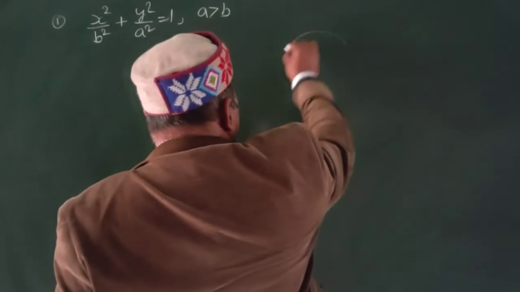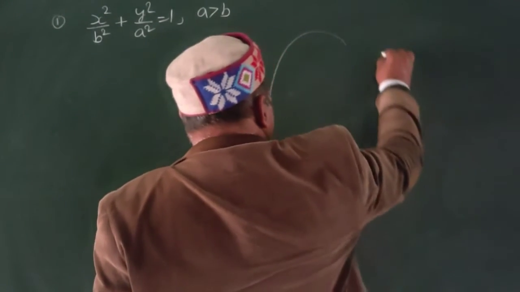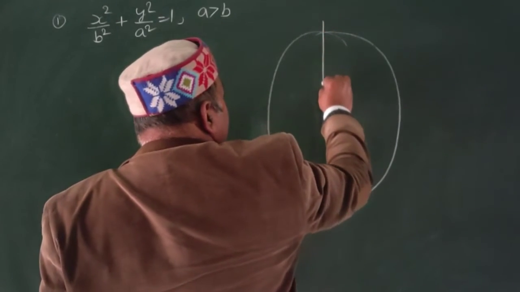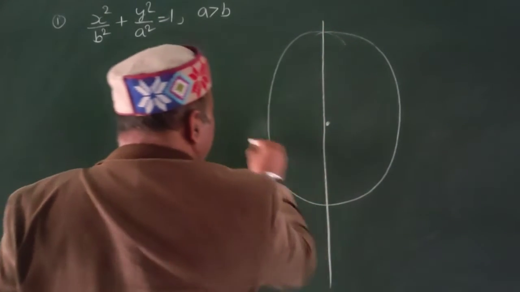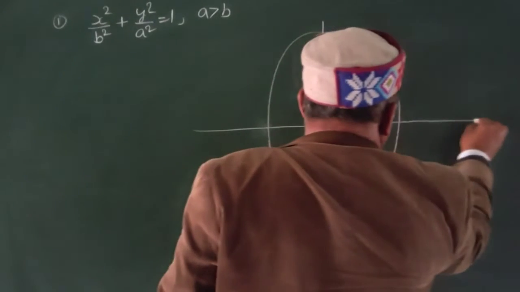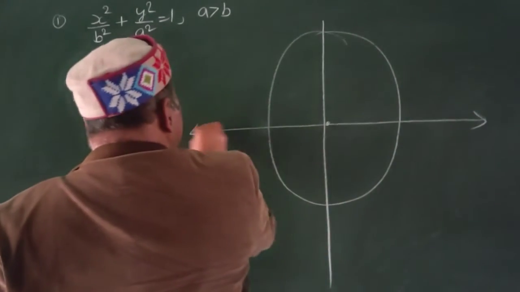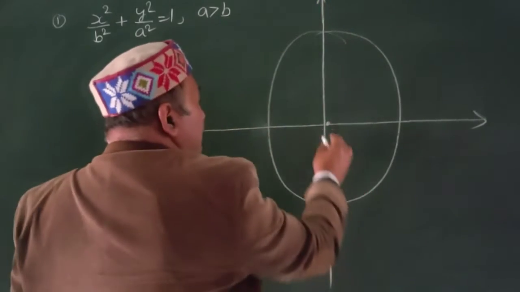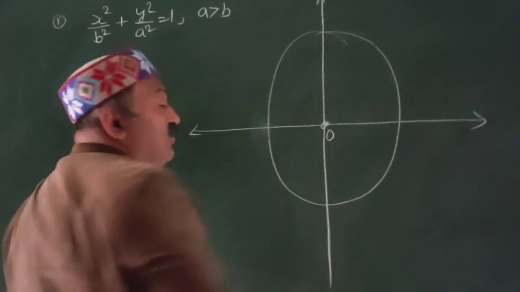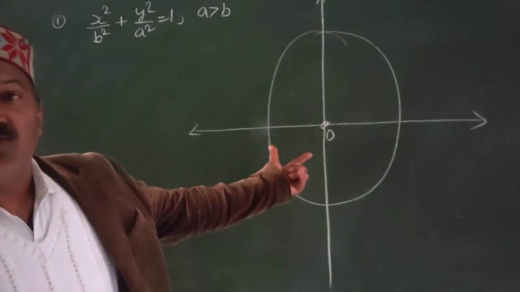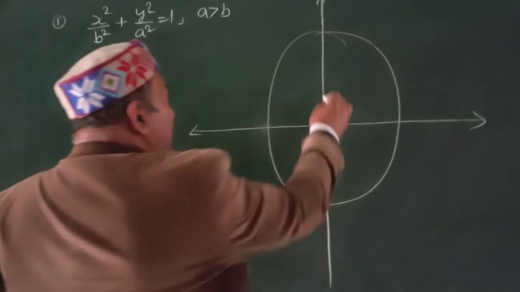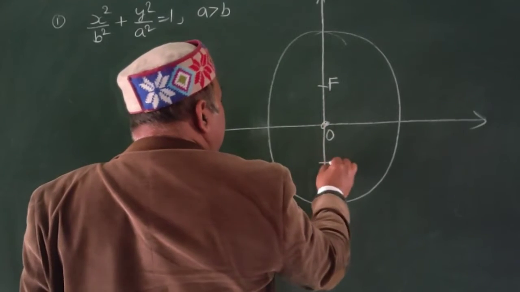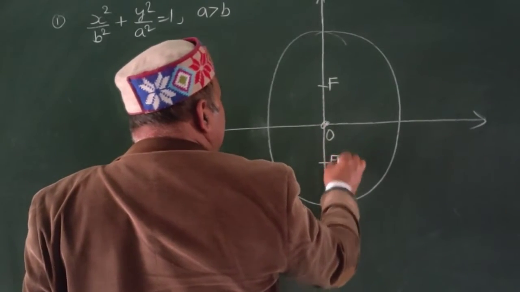In this case major axis lies on y axis. So the rough sketch of such type of ellipse is like this. Major axis is along y axis. This is y axis. Center of this ellipse is also again O, and foci lie on y axis.